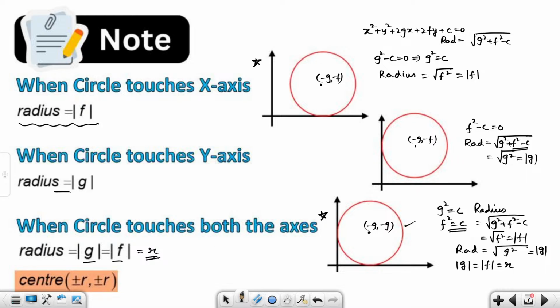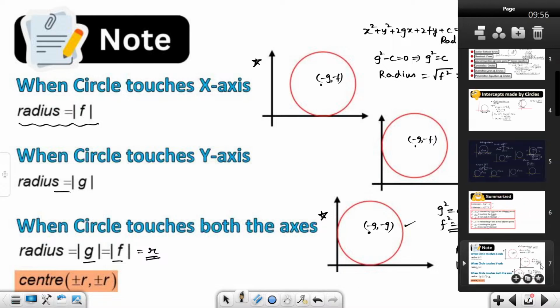When the circle is touching the x-axis, your radius will be mod F. When the circle is touching the y-axis, your radius is mod G. And when the circle is touching both the axes, in that case, your mod G and mod F will be same as your R, and the center is plus minus R, comma plus minus R, according to the position of the circle. If it is in the first, second, third, or fourth quadrant, we will choose the center accordingly. Is it clear to all? Okay. So now let me take some problems based on that.